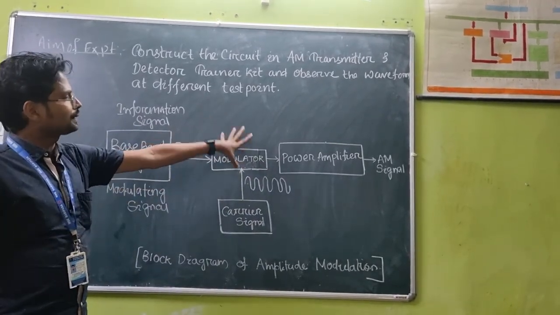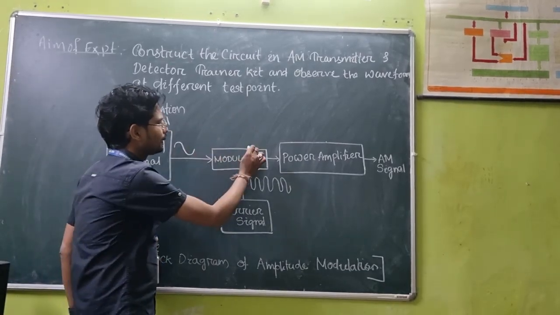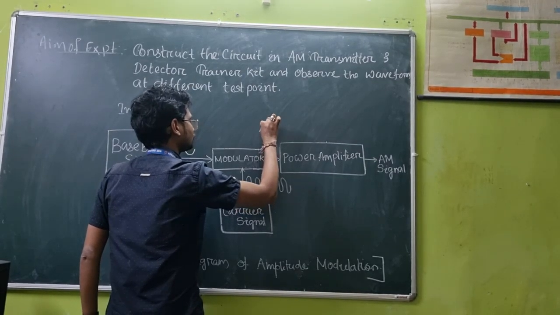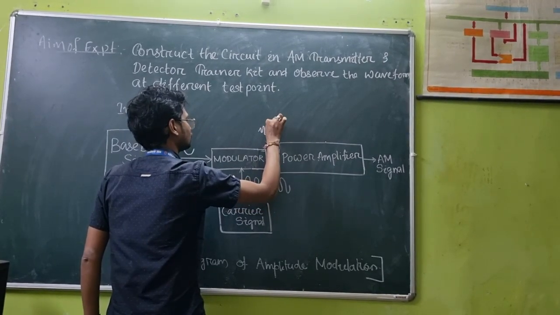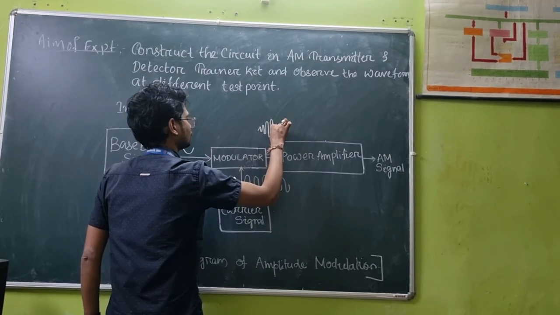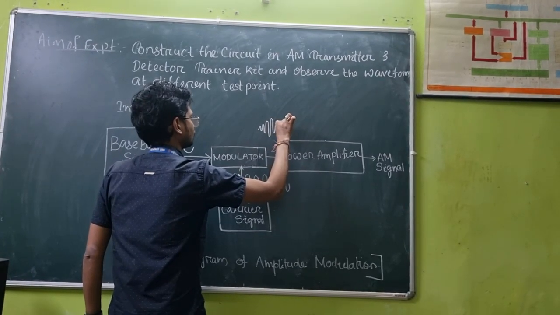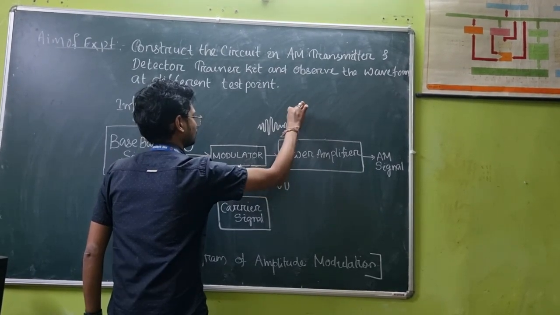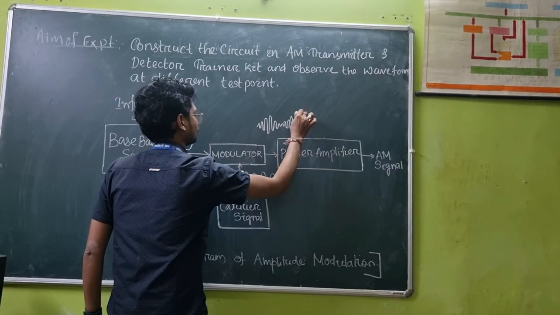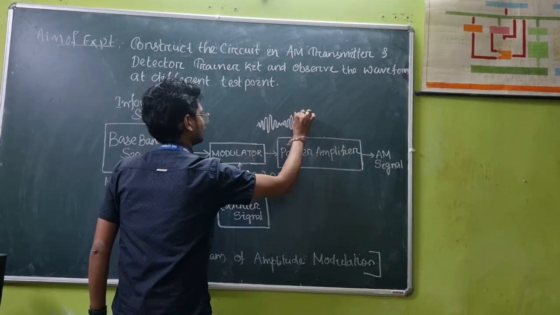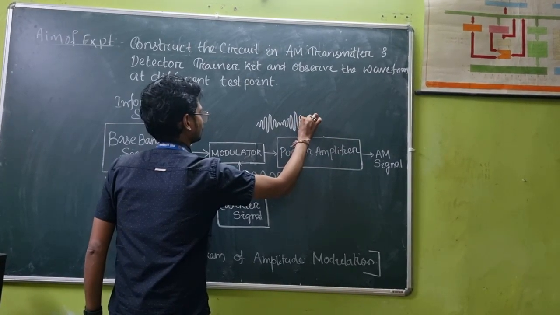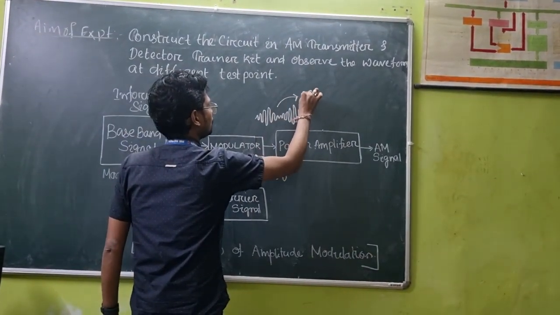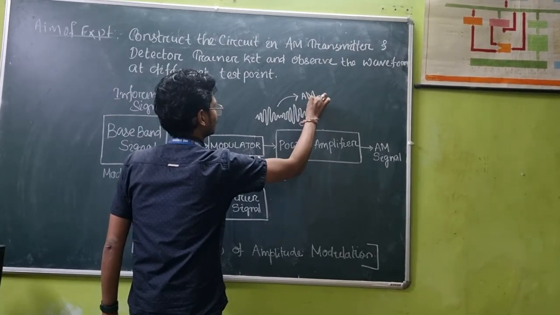So the output of the modulator is an amplitude modulated signal.